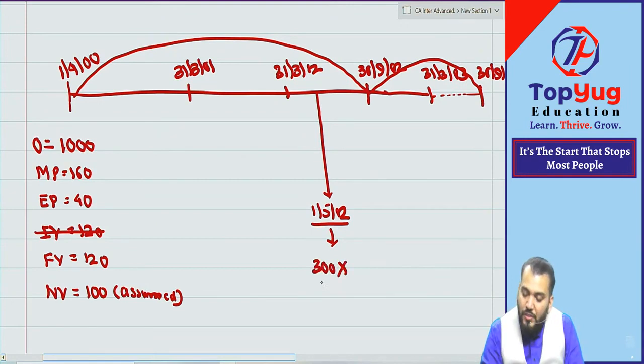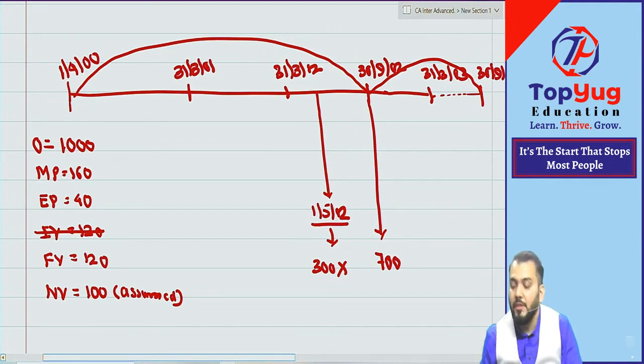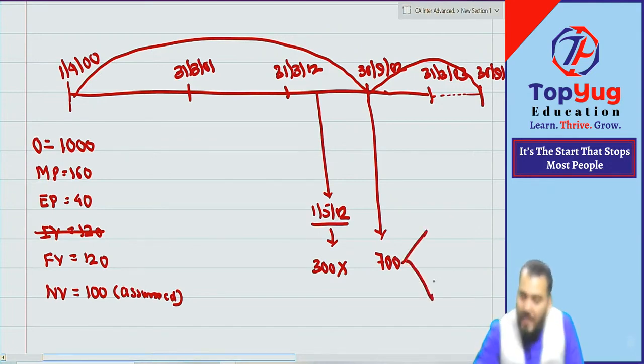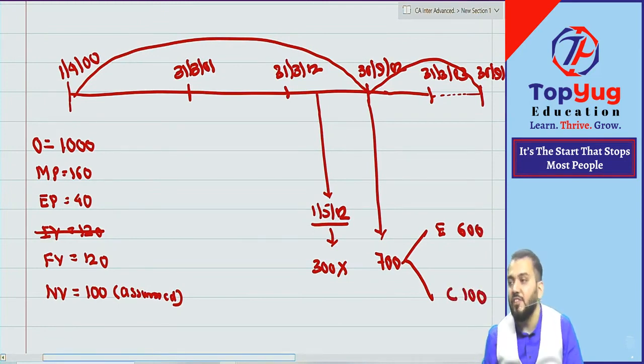So out of 1000 options, 300 cancelled means how many were vested? 700. Out of 700, how many exercised? And how many were cancelled? 100 were cancelled. Got it? This is the entire question expressed in one timeline.